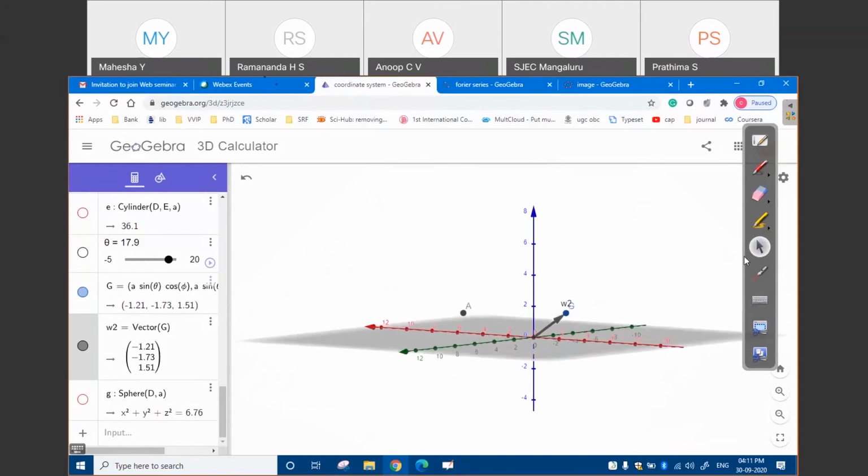So this is the z-axis, and this is the r vector. Theta is the angle between r and the z-axis. You can change all these values and also trace the point. Anup sir discussed how to show the trace of the point.